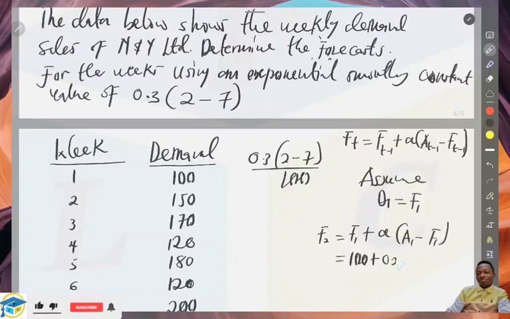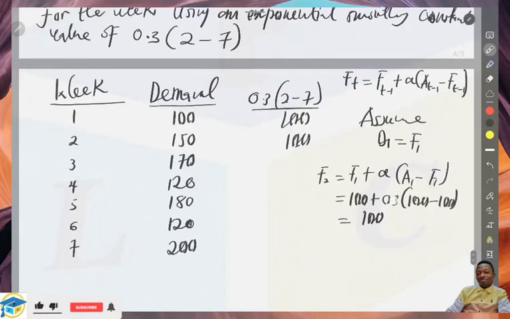So 0.3 multiplying what? Our actual was 100 and our forecast was 100. So what are we getting at the end of the day? We are still getting 100, because here it gives 0, and 0 multiplying 0.3 is 0. So plus 100, we are getting 100. So that means for week 2, our forecast value was still 100.